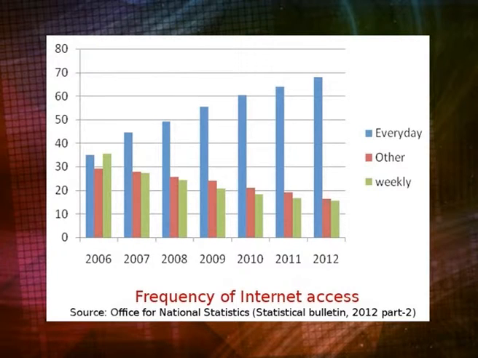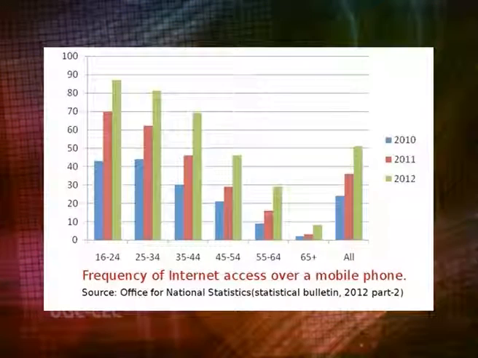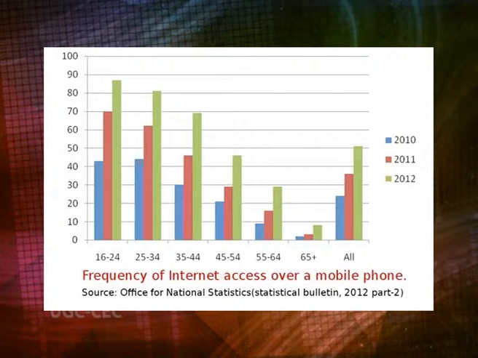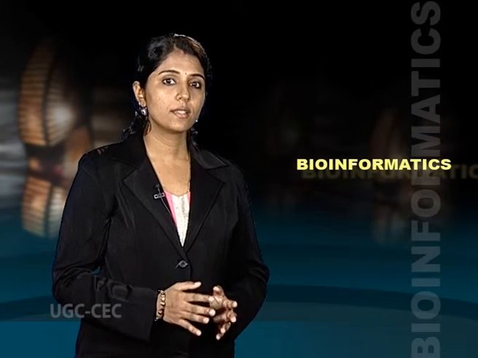According to the 2012 survey, 51% of adults used a mobile phone to access the internet. This is more than double the estimate of 24% for 2010. The two youngest age groups, from 16 to 24 and 25 to 34, both reported mobile phone internet use above 80% in 2012.